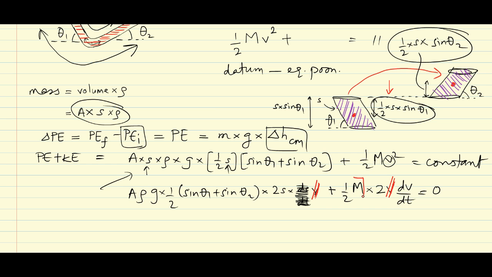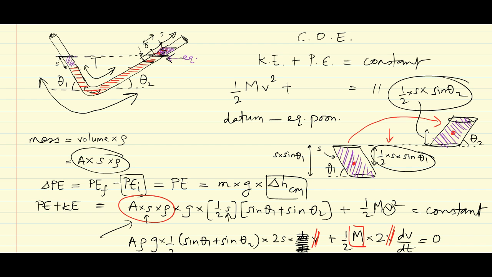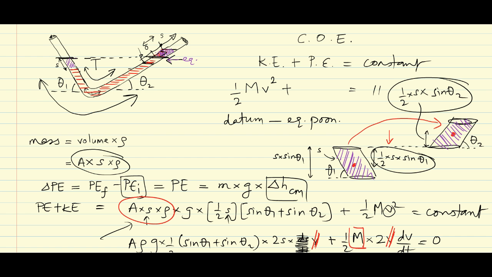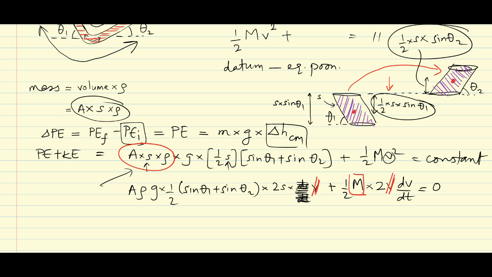See, this m is the total mass of the liquid, whereas the m which we wrote as a rho is the mass only of the liquid which has effectively been displaced. So in the diagram, the mass of the purple shaded liquid. Now just simplify all this.